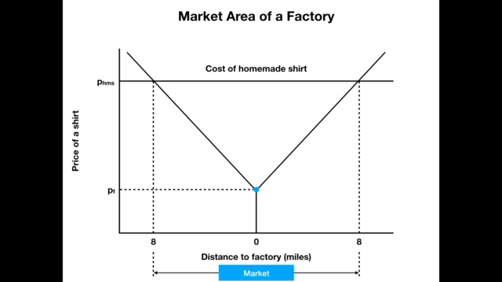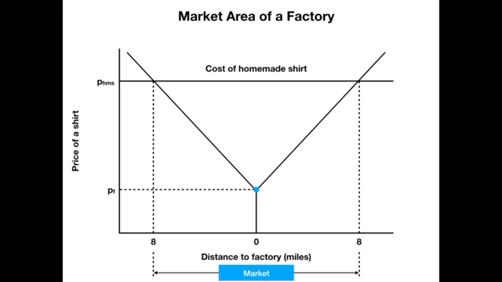Once we get to the 8-mile point, that is the point where the cost of a homemade shirt is equivalent to the price or the cost of the shirt. And remember, when I say the price of the shirt, I'm also including transportation costs for the consumer and the opportunity cost. So at that point, the consumer would be indifferent between making the shirt at home and going to the factory.